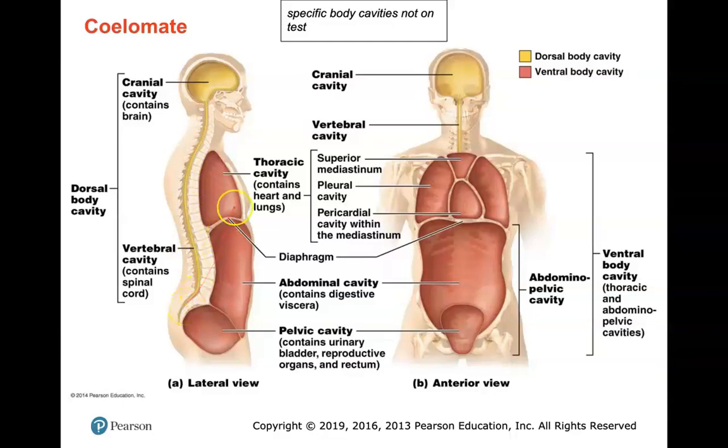You have large thoracic cavities. It's going to house the heart and lungs, abdominal cavities for your gut, pelvic cavities for your bladder, reproductive organs. All these different cavities are going to help house these precious organs, and they don't necessarily hold them loosely in place like pseudocoelomates. They have a specific spot where they are truly embedded in that middle layer.